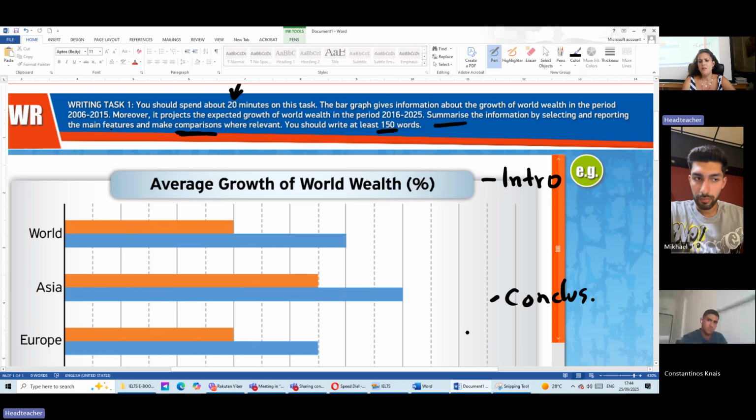This writing task 1 is not a typical essay, of course. It's something different. It's like a scientific report, but without the bullet points. So you report the numbers and the trends and the important points. So it doesn't have the form of a typical essay, and that's why we have to be a little bit careful.